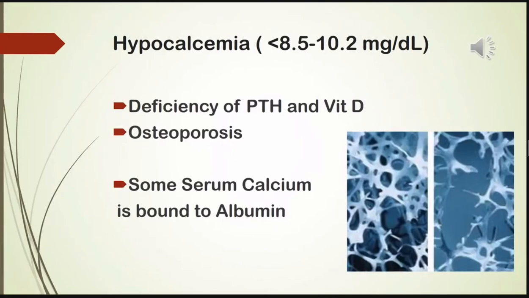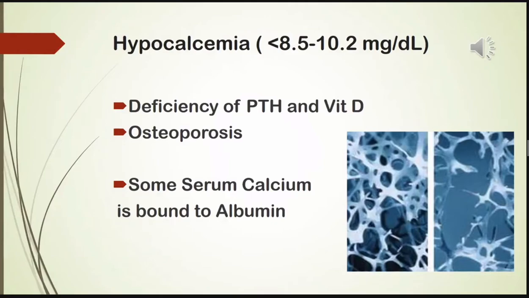Hypocalcemia happens when you have less than 8.5 to 10.2 milligrams per dl of calcium in your blood. And this is usually due to deficiency of your parathyroid hormone and your vitamin D. It could also lead to osteoporosis, shown there in the figure.